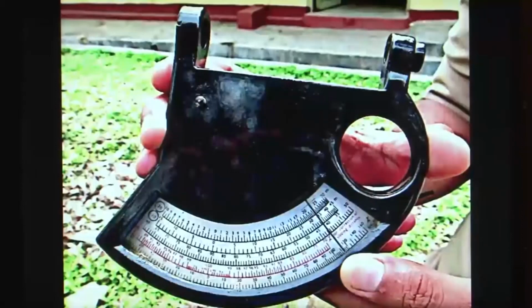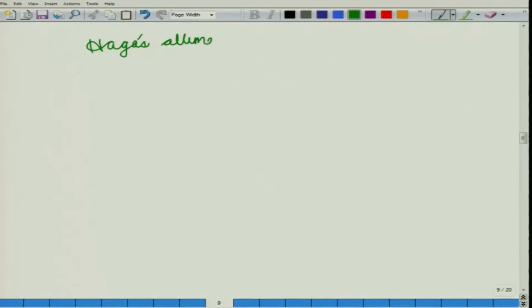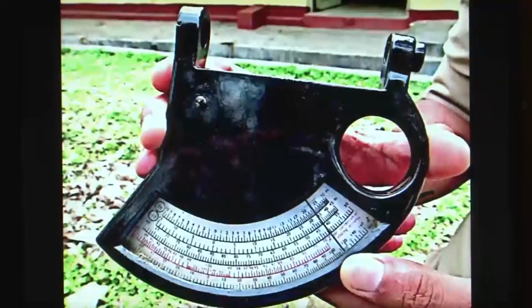So, if you look at your screen now, this is that instrument. It goes by the name of Haga's altimeter. So, how does this equipment function? Now, coming back to this slide. As you can see, this instrument on its right side has a circular hole in which you can put your thumb.